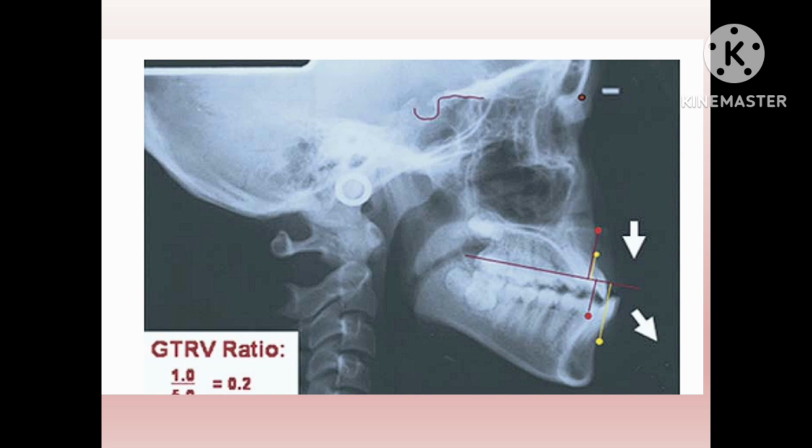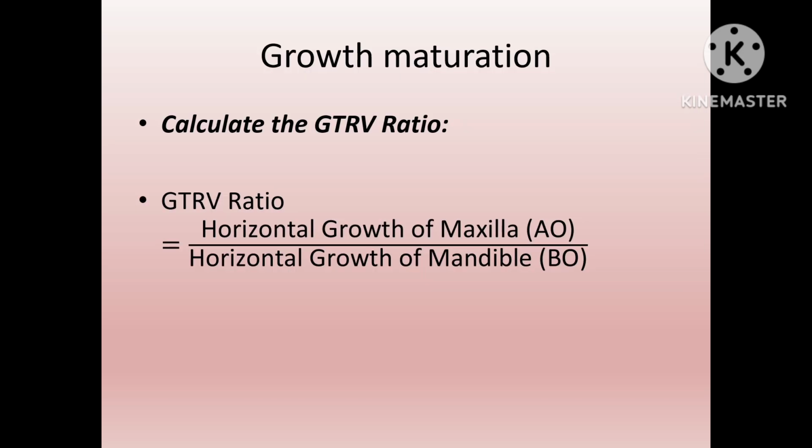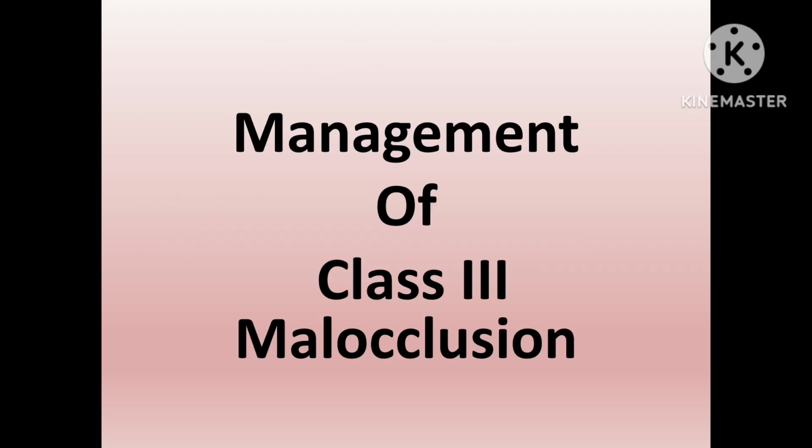The GTRV ratio is calculated by dividing maxillary horizontal growth by mandibular horizontal growth. Ratios between 0.33 and 0.88 indicate a good response to orthodontic camouflage, while lower ratios suggest excessive mandibular growth and need for surgery in the near future.